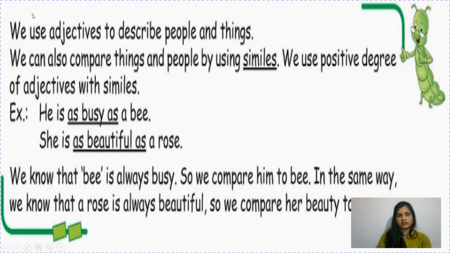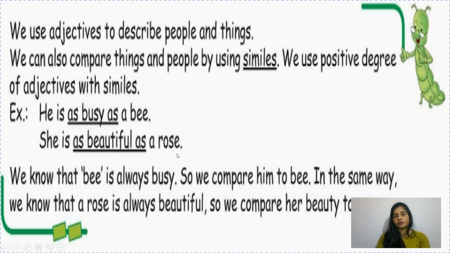Let's move forward. We use adjectives to describe people and things. This already you know. We can also compare things and people by using similes. We use positive degree of adjective with similes, like we have read just now: as adjective as. So we are talking about two things which are just similar. For example, he is as busy as a bee.